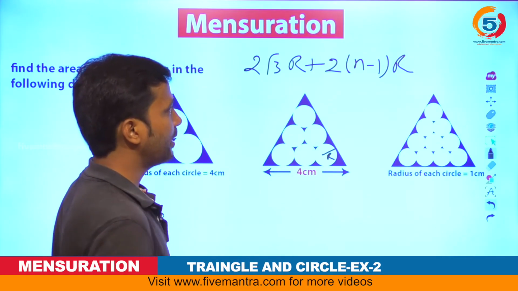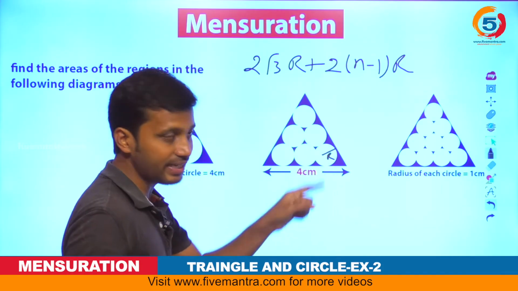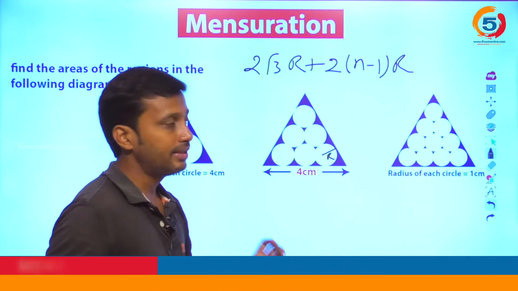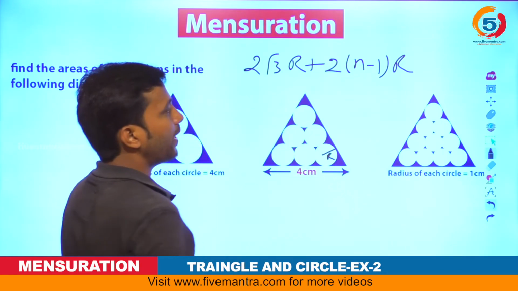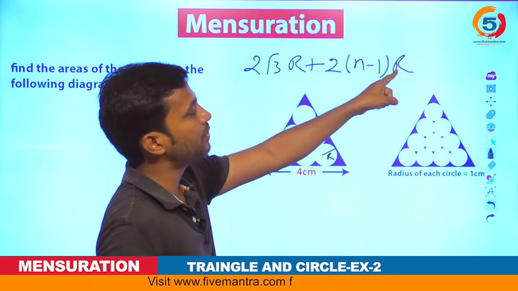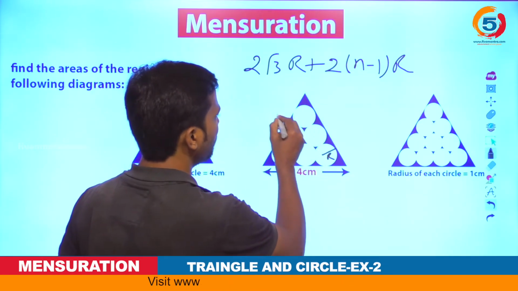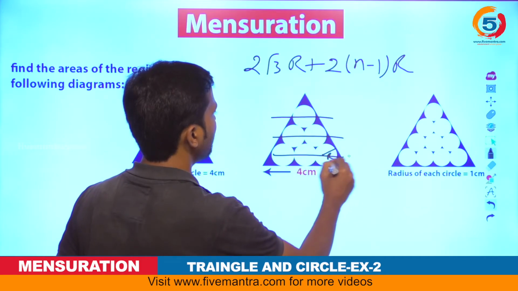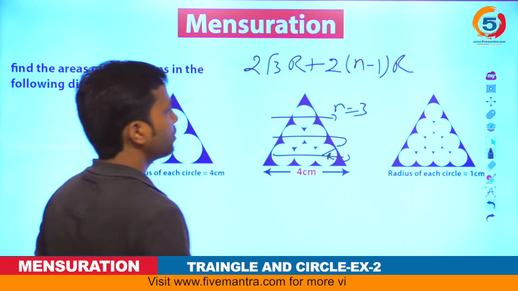If each circle's radius is capital R, then what is the side of the triangle? It is 2 root 3 R plus 2 into n minus 1 into R. N represents the number of rows of the circles. How many rows are there? N equals 3. So let us substitute.